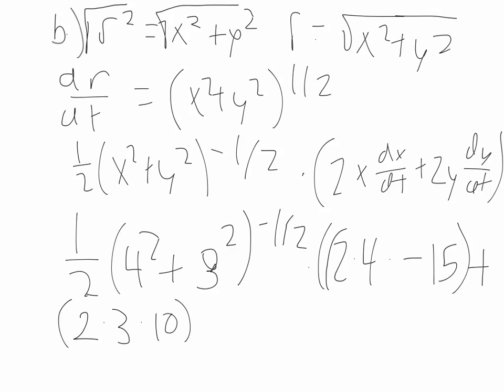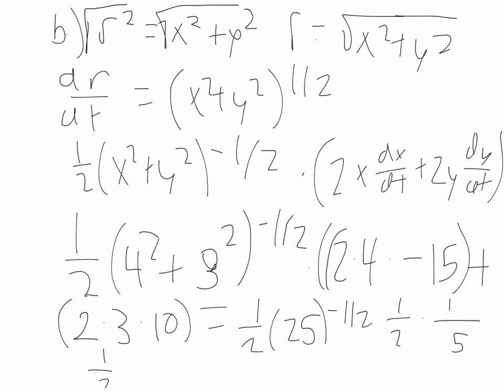Then you just got to simplify all this. 1/2 times 25 to the negative 1/2 is really 1 over 2 times 1 over 5. So it's 1/10 times 2 times 4 times negative 15 is negative 120 plus 2 times 3 times 10 is 60. Negative 60 times 1 over 10 equals negative 6.